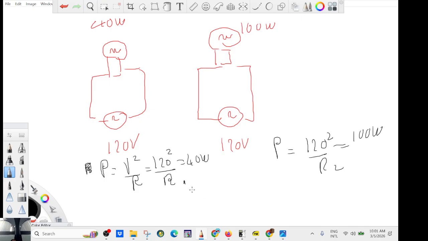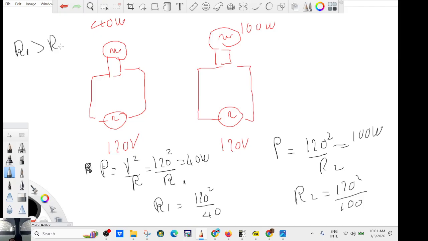So which one has the largest R? The first one, right? Yeah. So of course R1 will be larger than R2 if the wattage is less.